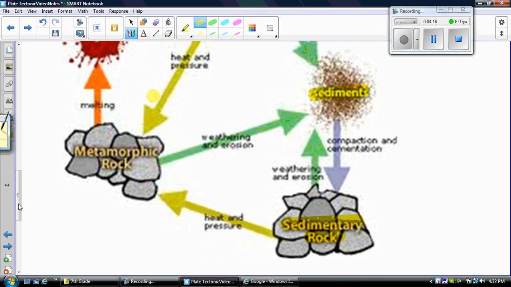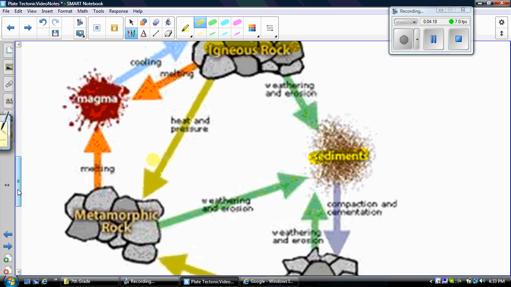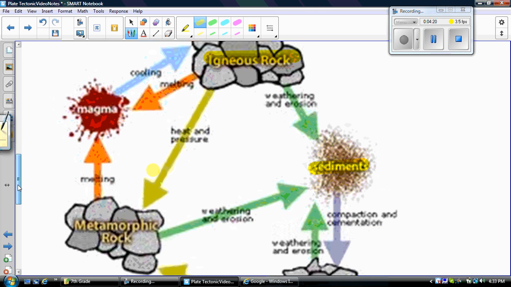Now, if we want to turn that igneous rock into a metamorphic rock, we could do that near a plate boundary where heat and pressure are applied. So an igneous rock can be turned into a sedimentary rock or a metamorphic rock. An igneous rock can also be changed back into magma by melting it.